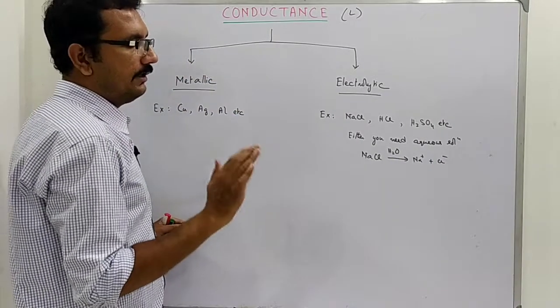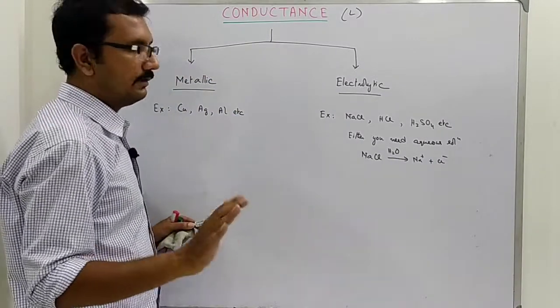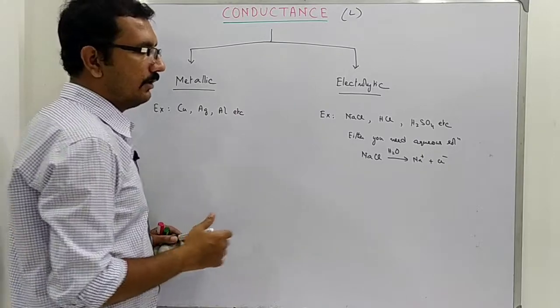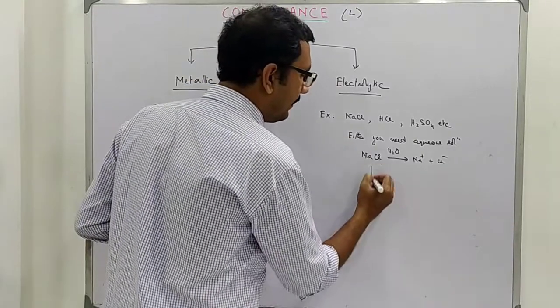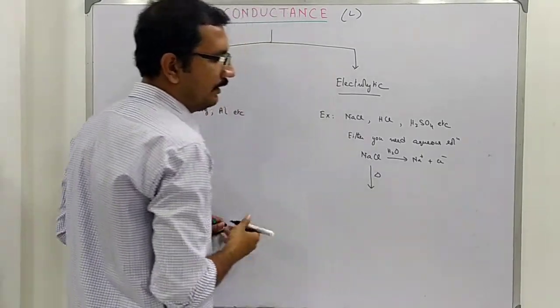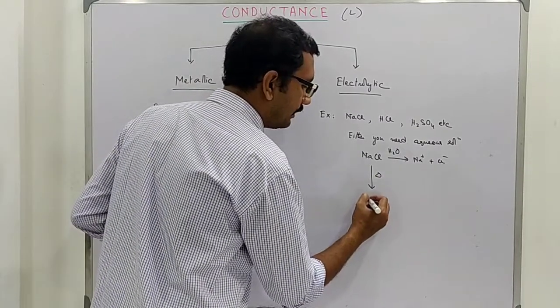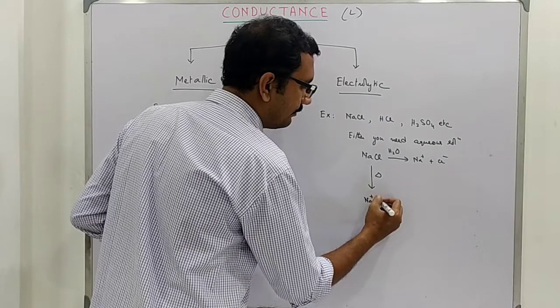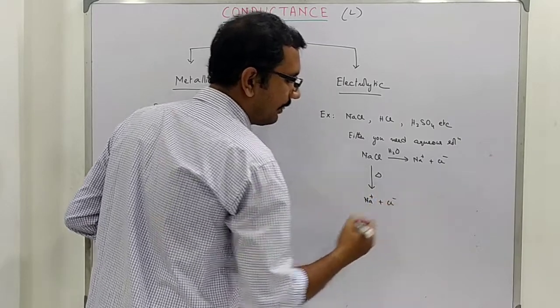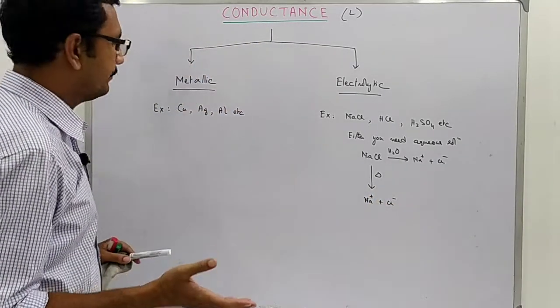That is responsible for carrying the electricity in the case of an electrolytic conductor. Or another option is to apply heat so that it melts, and upon melting the solid state structure breaks and it will give you ions which will flow.